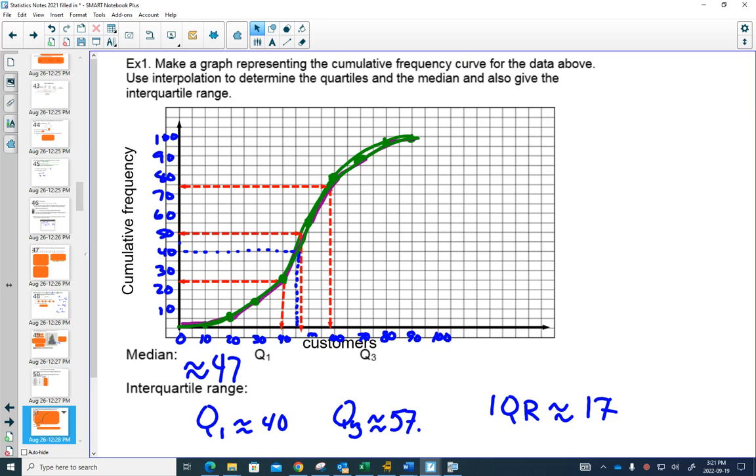And I have to admit that, yes, once in real life, I did make a cumulative frequency curve to find something out. I had a student who wrote a math contest, and they wanted to know, what percentile am I? How good did I do? I got the data back from the math contest, and it gave me all the data in grouped data like this.